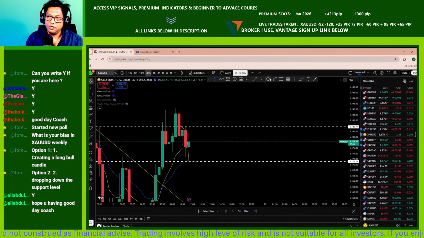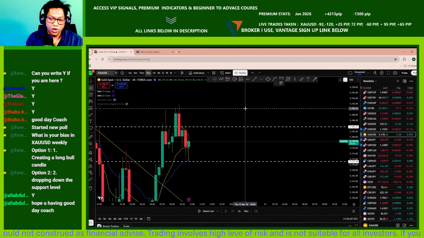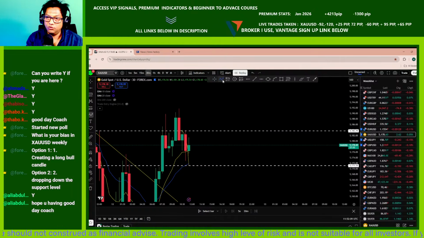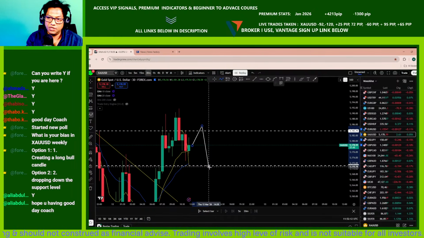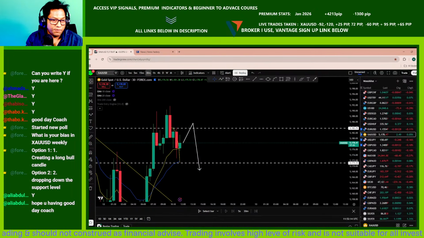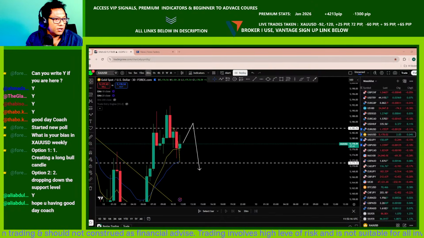With that bounce, we are looking for this market to go ahead and create a new higher high. This is a resistance line, expecting the market to reject back again off this key level of support.